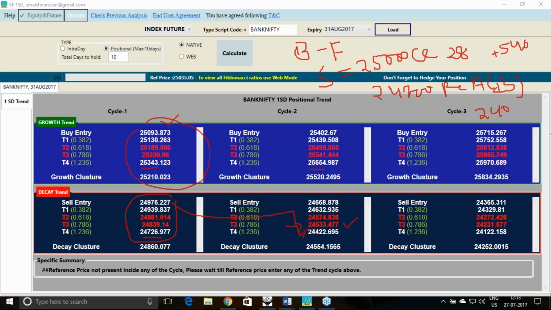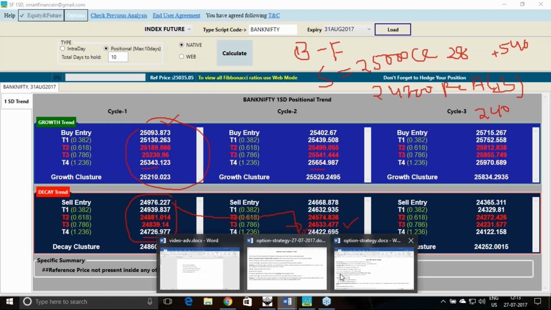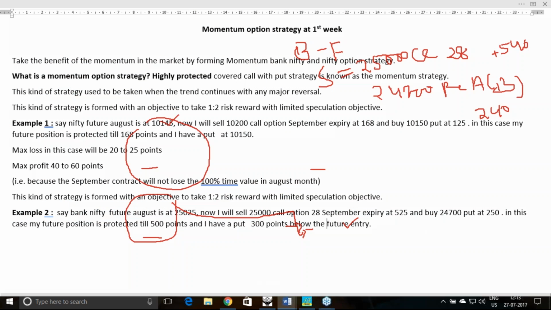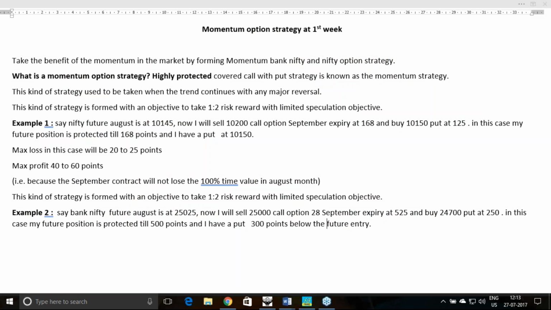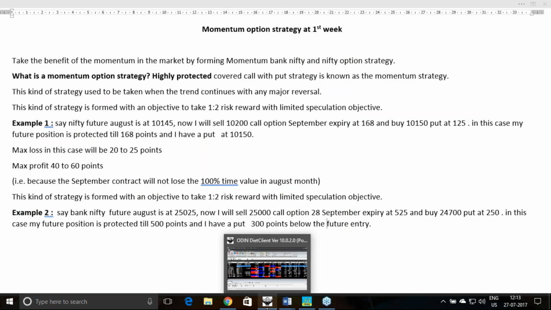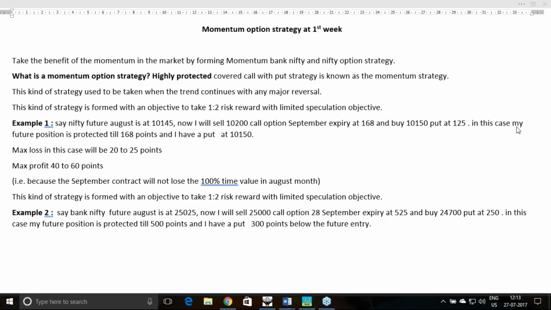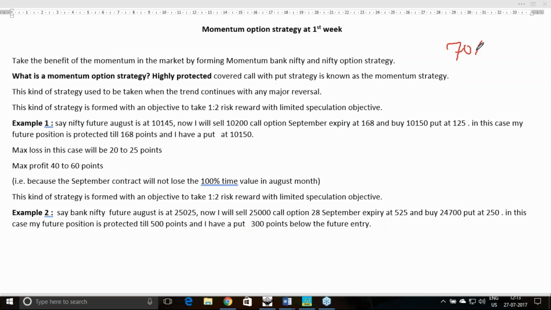So this particular strategy gives you a consistent profit with limited speculation if you rely on it for a long term period. On this subject, earlier I gave one article on how to earn 70% return on your investment per year. Years back, I gave one article on how to earn 70% return on your capital employed using this trade. This is the per year return.